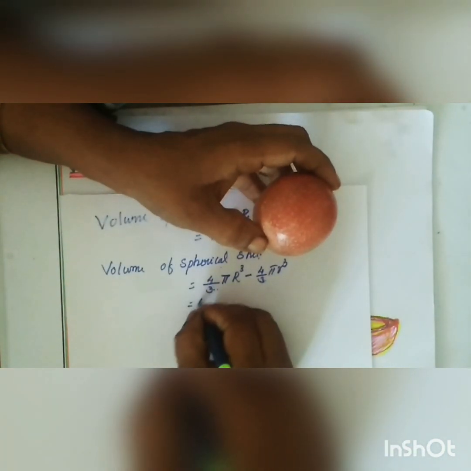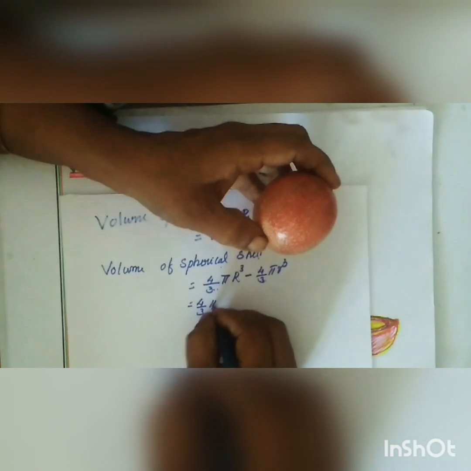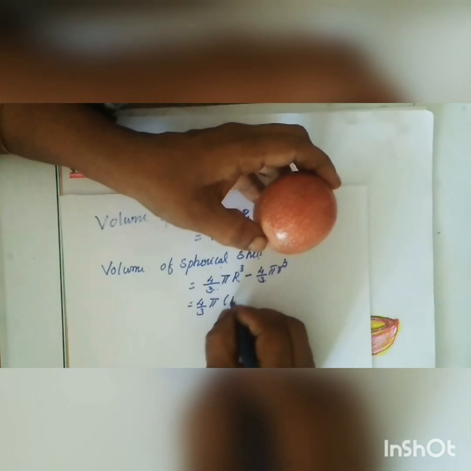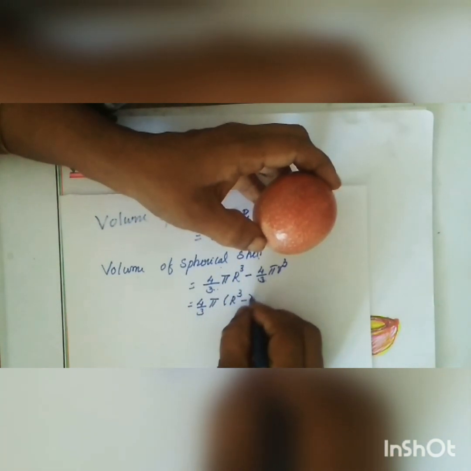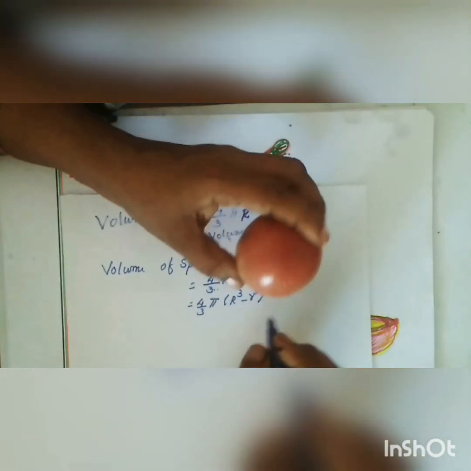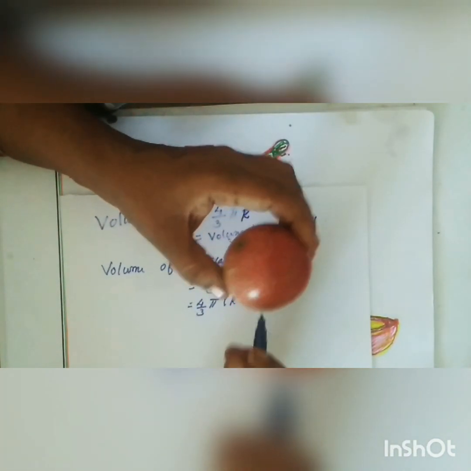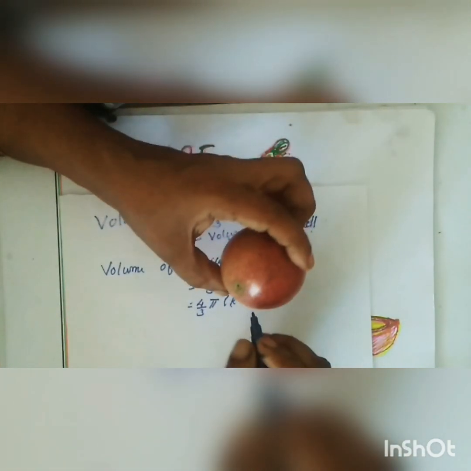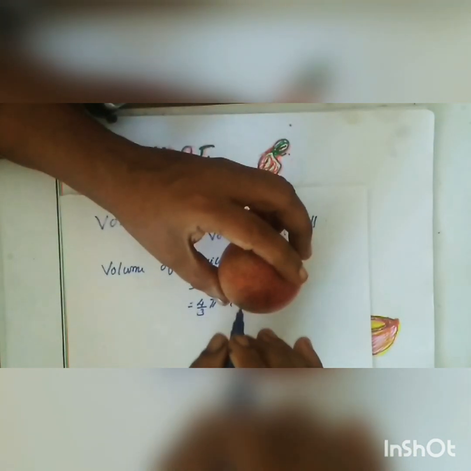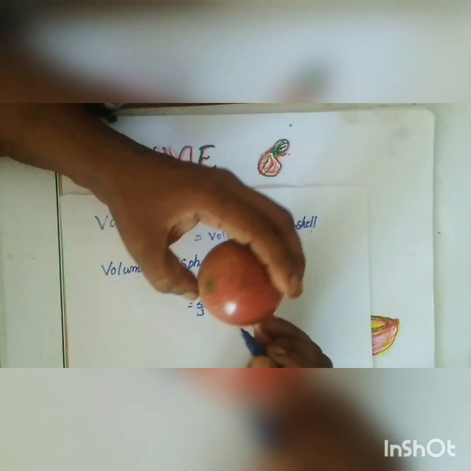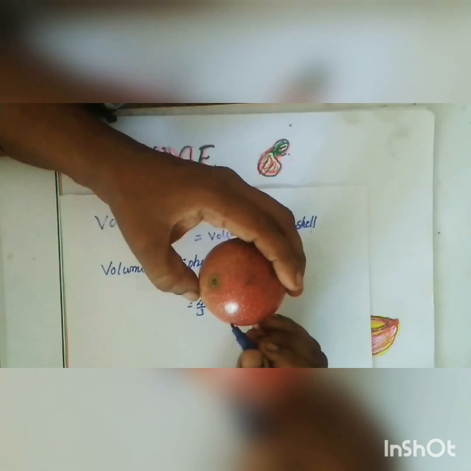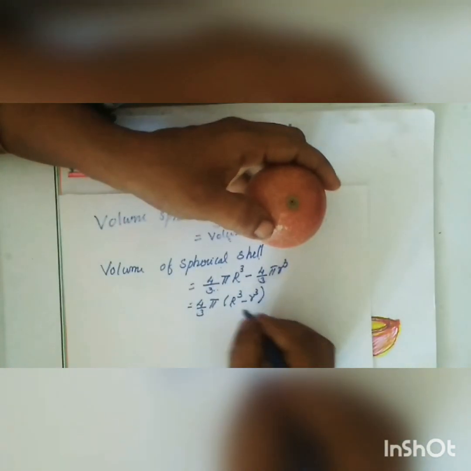Therefore, we can simplify it this way: 4 by 3 pi, capital R cube minus small r cube, where capital R represents the distance from the center to the circumference, and the distance from the center to the inside portion of this shell represents small r.